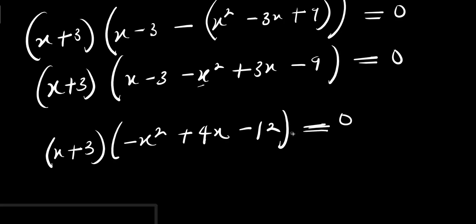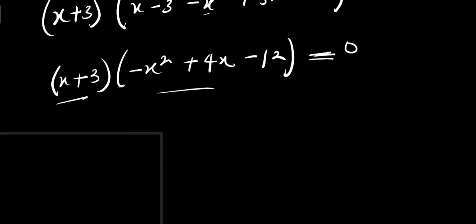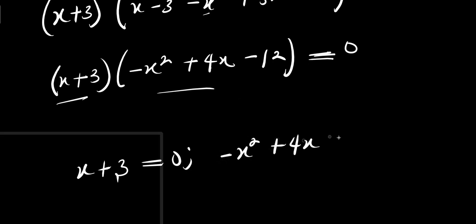So right now, we can decide to equate each of them to 0. So we have x plus 3 equals 0. And we also have negative x squared plus 4x minus 12 equals 0.